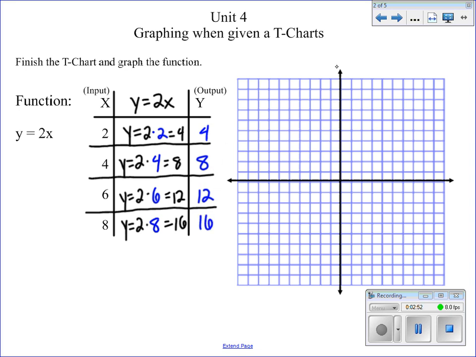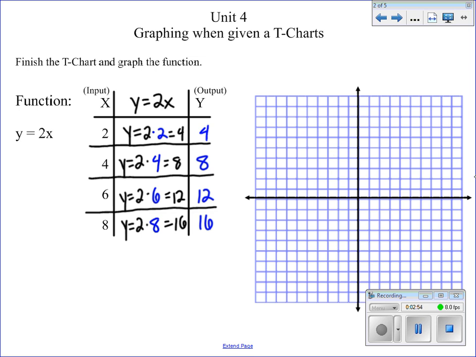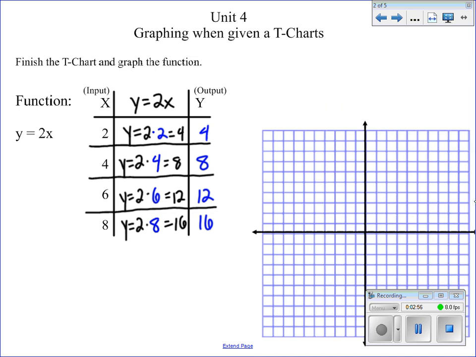We can now use these to make our ordered pairs. Our ordered pairs are 2, 4; 4, 8; 6, 12; 8, 16. We're going to go over here and graph it.